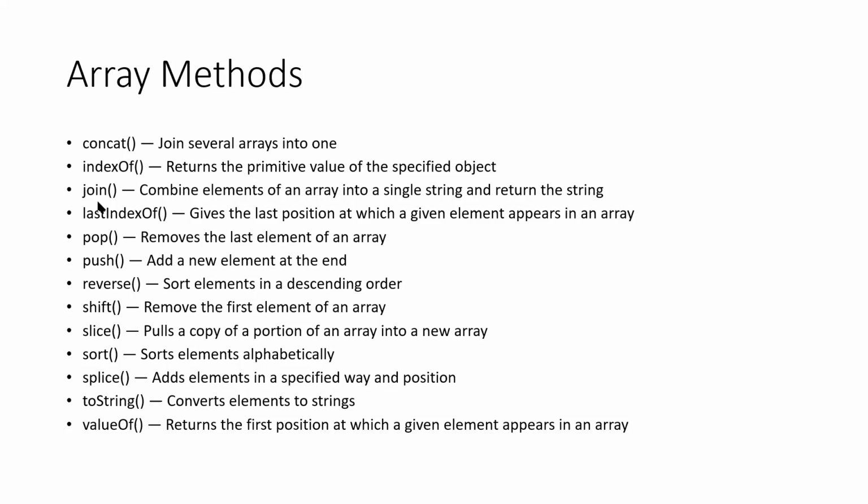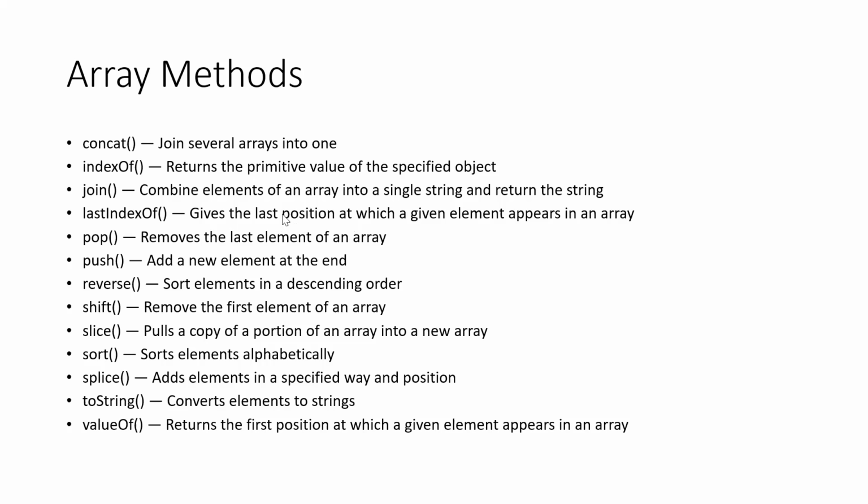Then join, which means you can use this to join arrays, right? It will combine them into a single string. Then lastIndexOf, when you have an array, it will provide you the last position in the array.